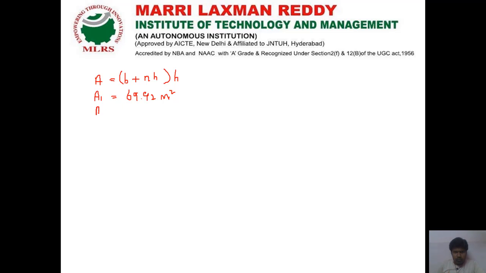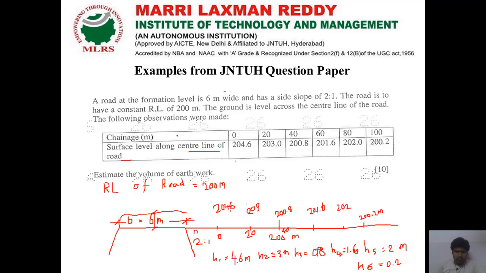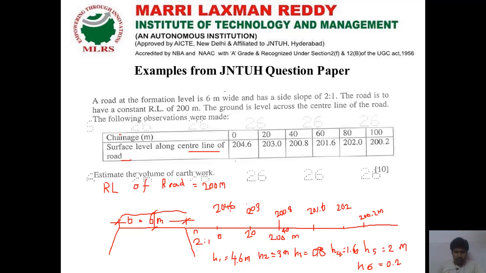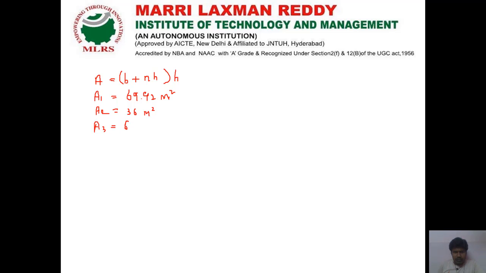Then A2, with H2 as 3 meter, is 36 meter square. Then A3, with 0.8, is 6.08.